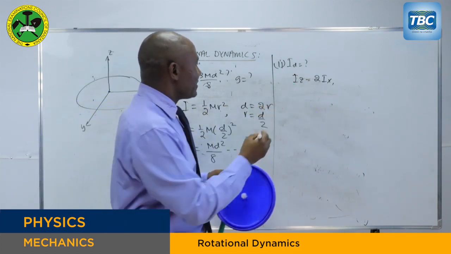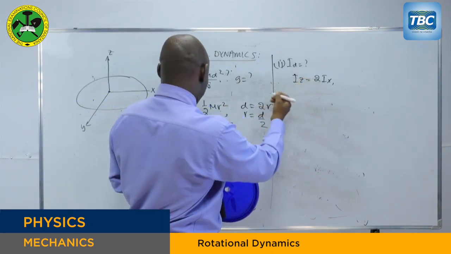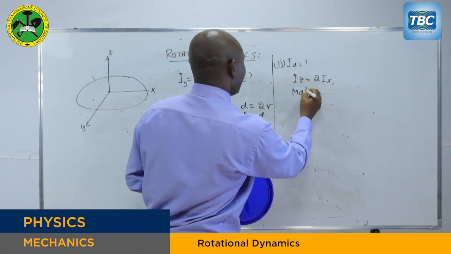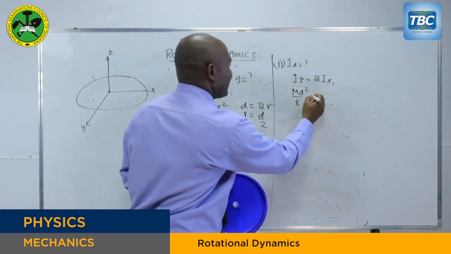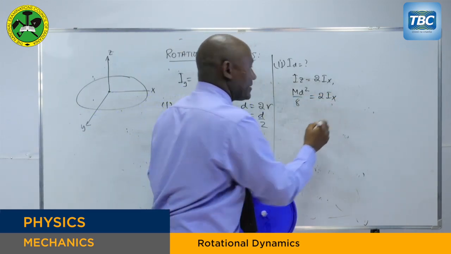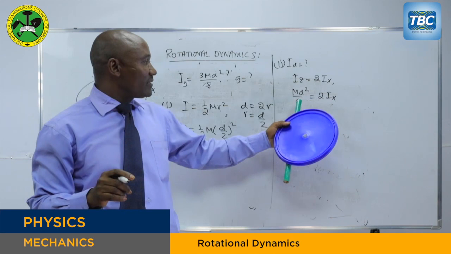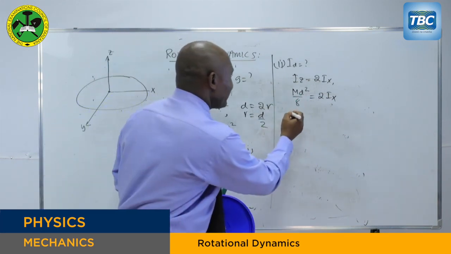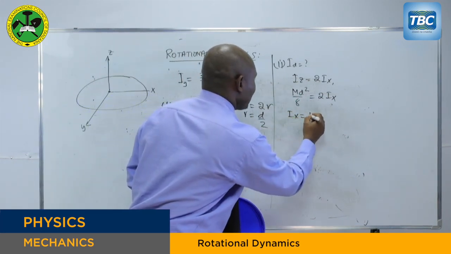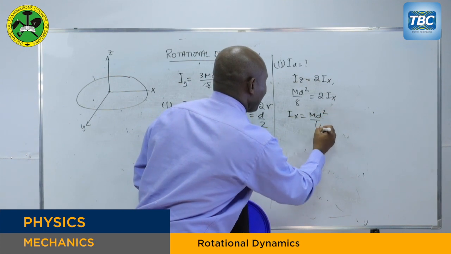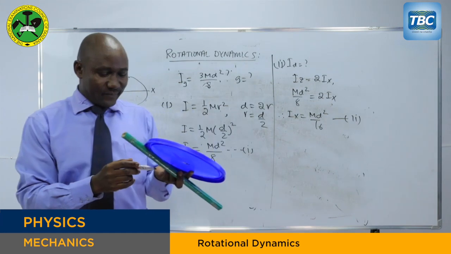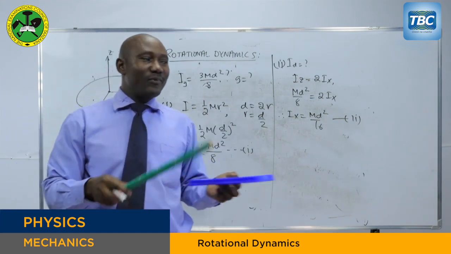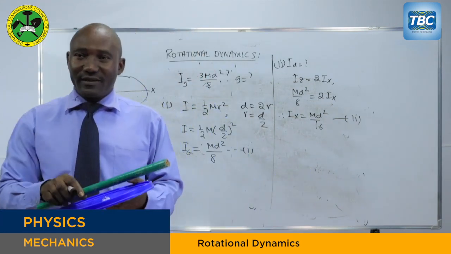So Iz, the moment of inertia about the center, is given as m d squared over 8, which gives us 2Ix. Dividing by 2, we have Ix equals m d squared over 16. It's not correct. That body is not rotating about the diameter.